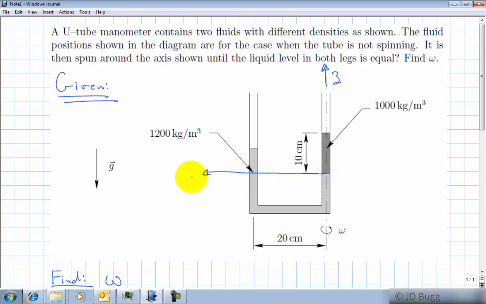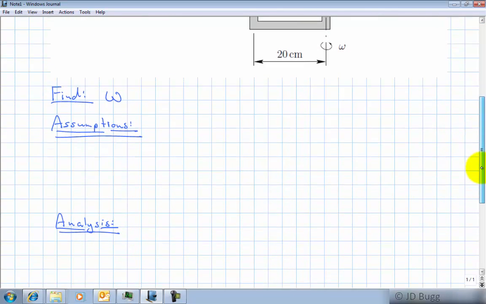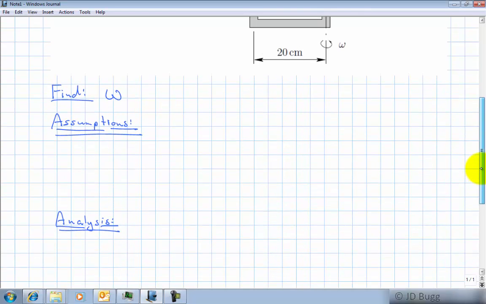Notice I'm putting z equals 0 at this original liquid level. We'll see how that plays out as we go through this solution. It doesn't really matter where we put that origin, but it might be a little bit easier later on. So we've got our coordinate system established.